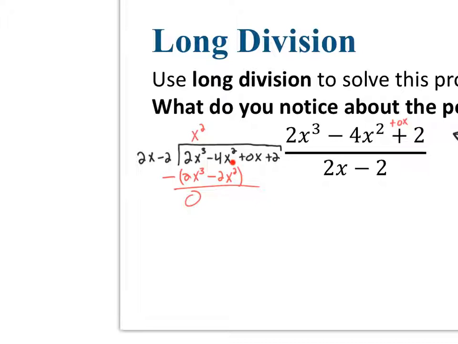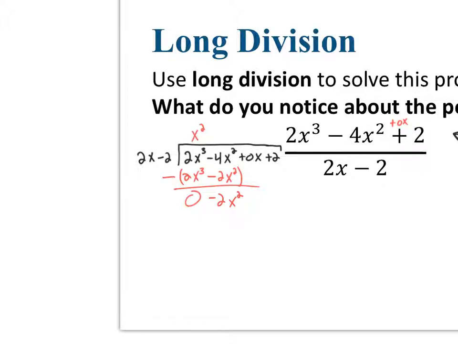Negative 4x squared minus a negative 2. So a double negative is kind of like a positive. So it's kind of like negative 4 plus 2. So this should be negative 2x squared. Take a minute, if you didn't get that, pause this video so you can really see what we're talking about here.